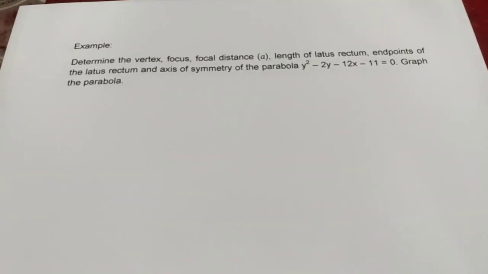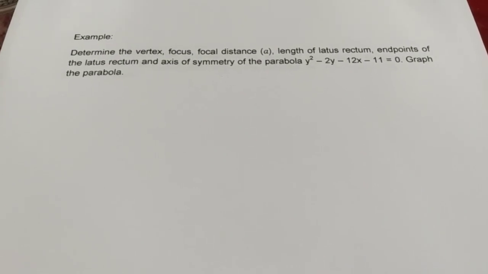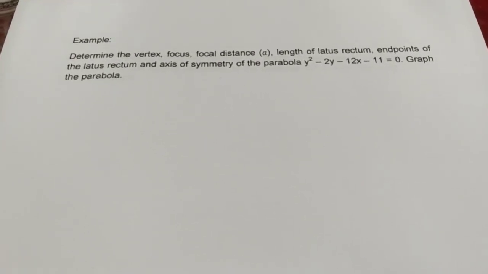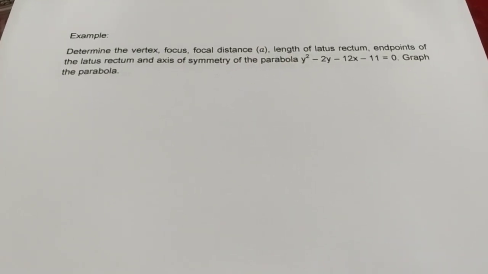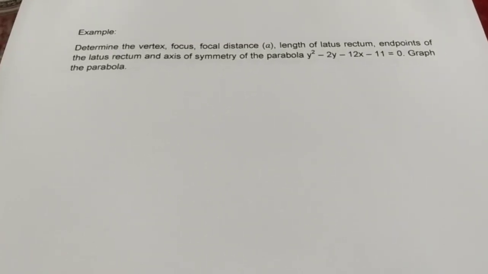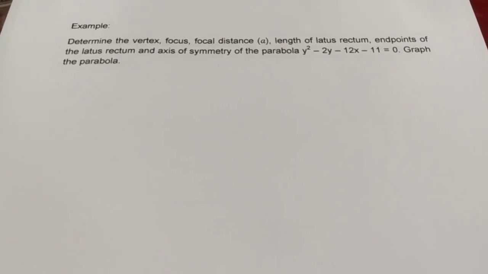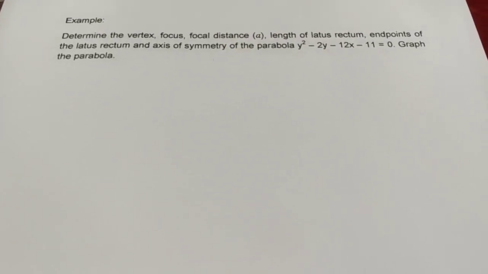Our next example: determine the vertex, focus, focal distance, length of latus rectum, endpoints of latus rectum, and axis of symmetry of the parabola y squared minus 2y minus 12x minus 11 equals 0, and then graph the parabola.